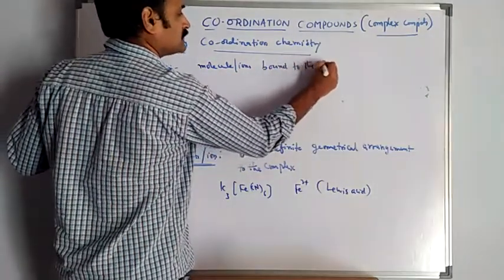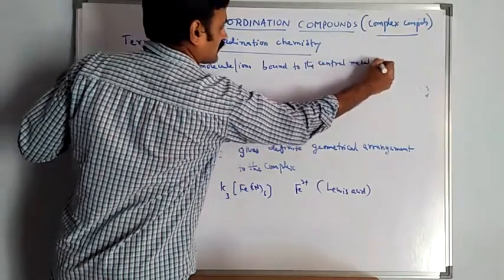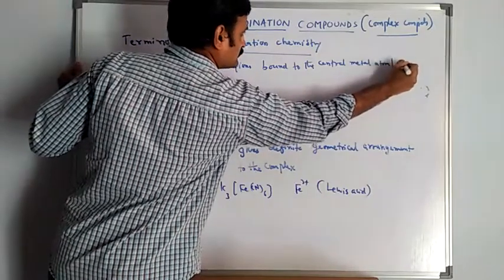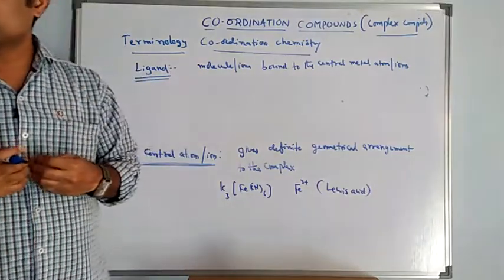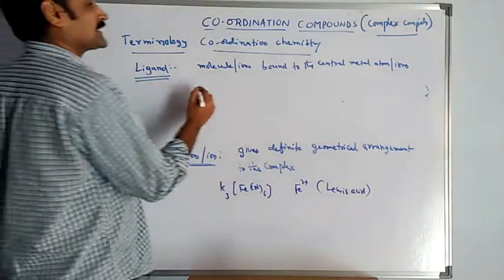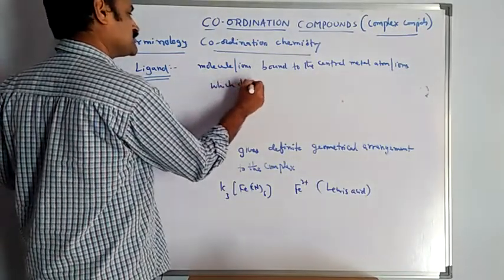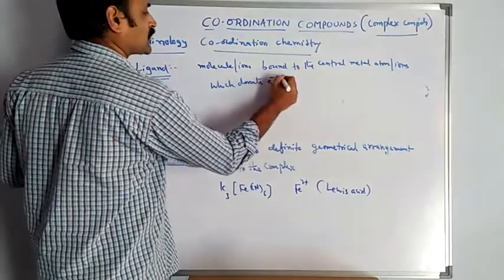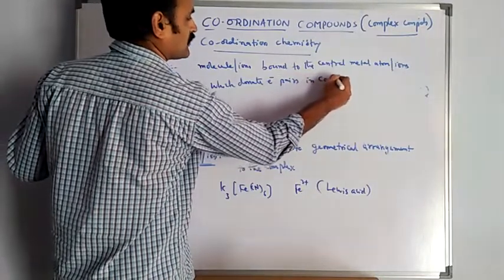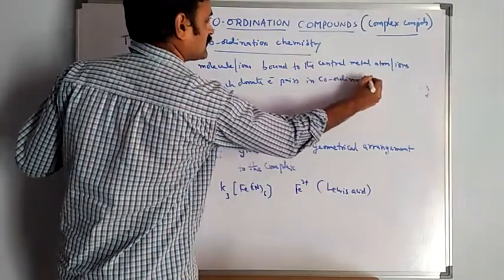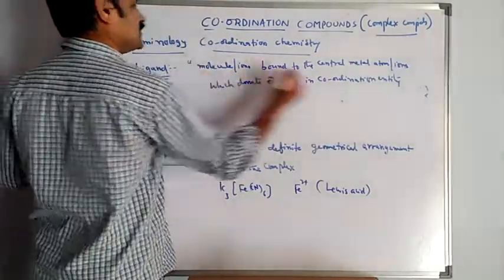In general study we will say they are molecules or ions bound to the central metal atom or ion which donate electron pairs in the coordination entity, which are called ligands.